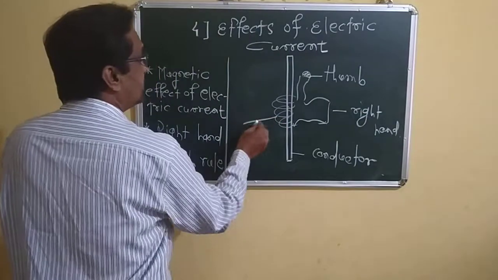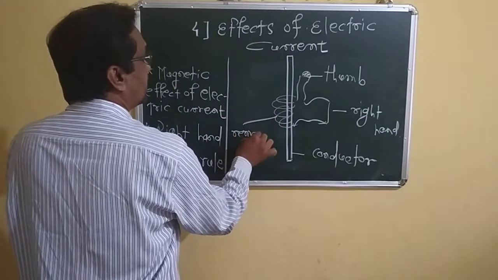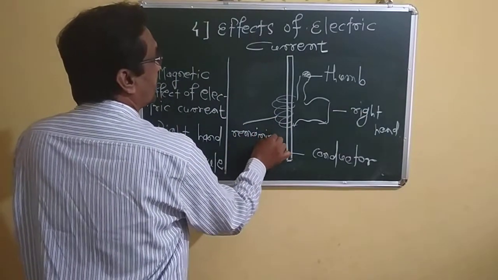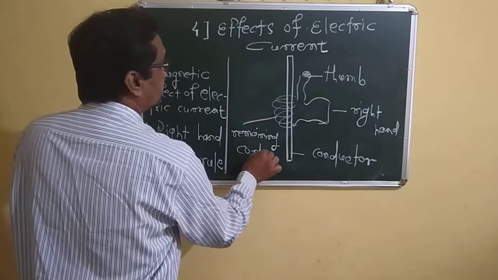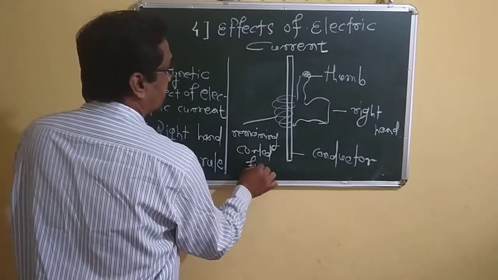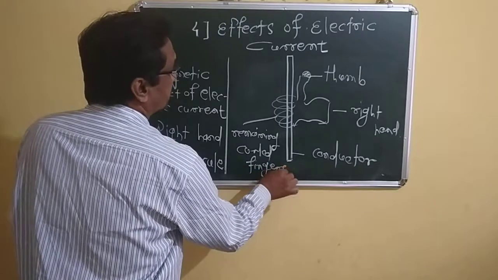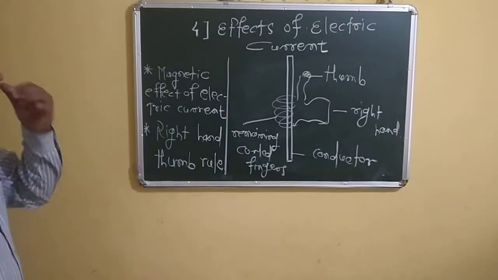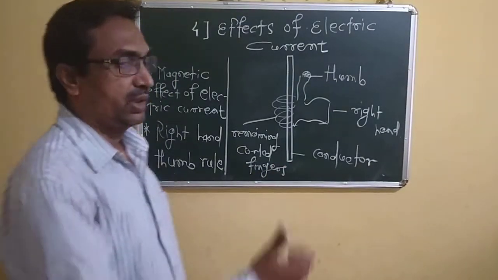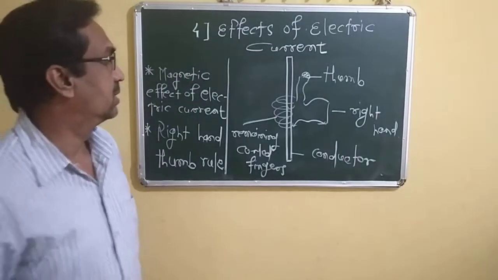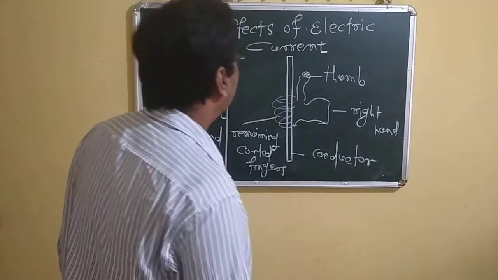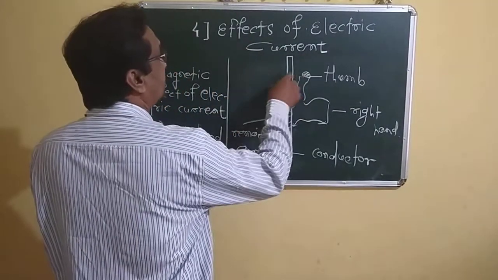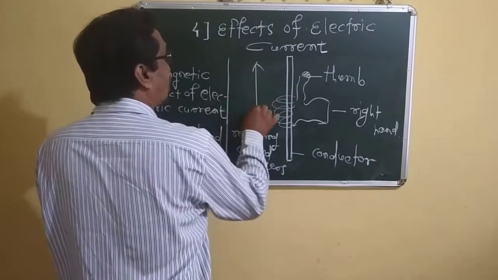This is the remaining curved fingers. Hold a conductor in your right hand in such a way that the thumb points in the direction of electric current.